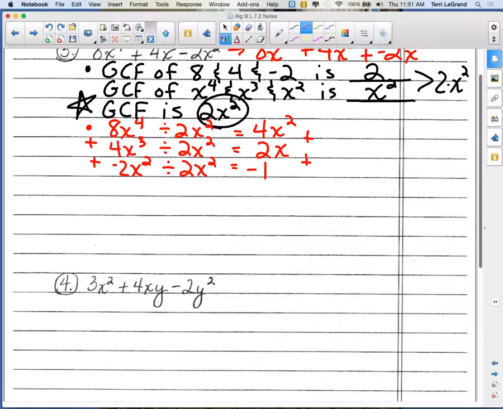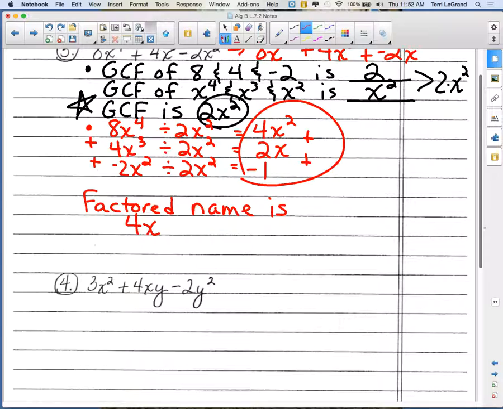And we're going to say that the factored name is, okay, so this right here is the other factor. 4x to the second plus 2x minus 1.